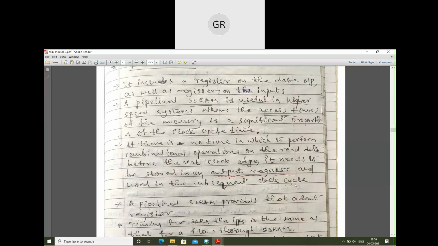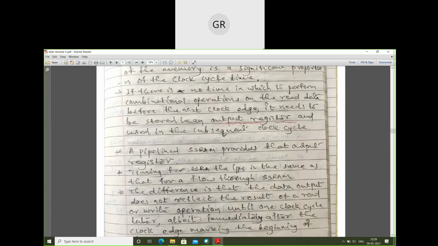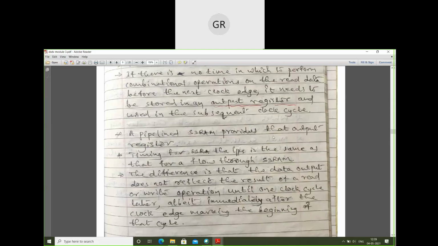Just remember, the read data can be stored in the output register and used in the subsequent clock cycle. A pipelined SSRAM provides that output register.